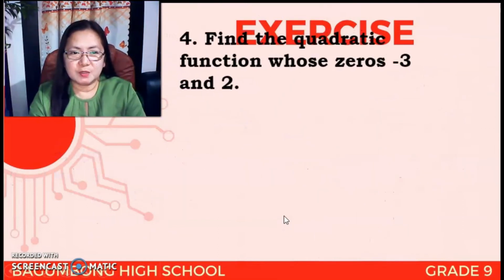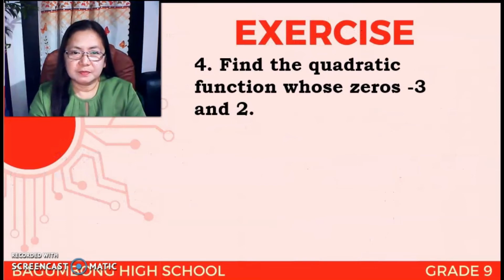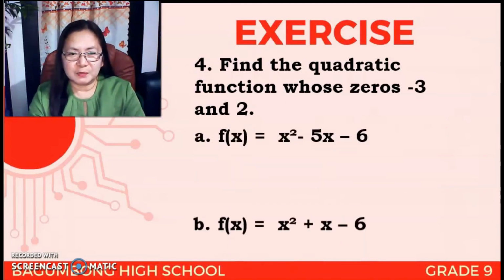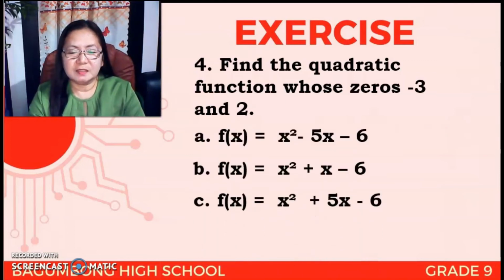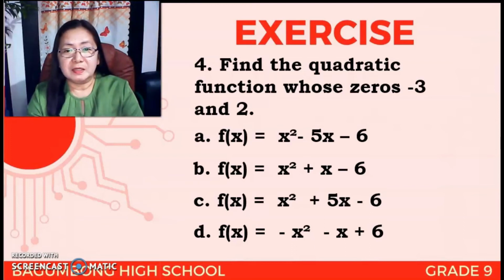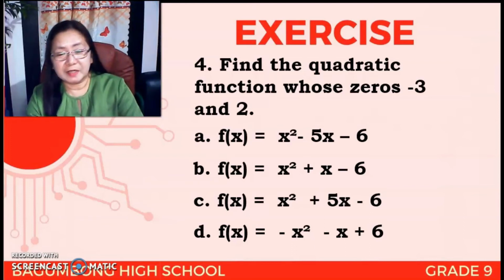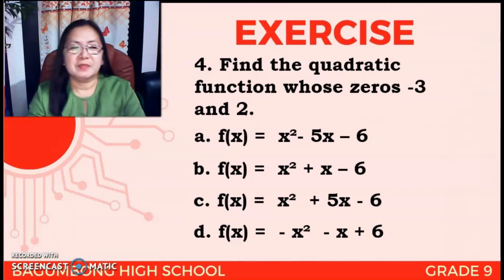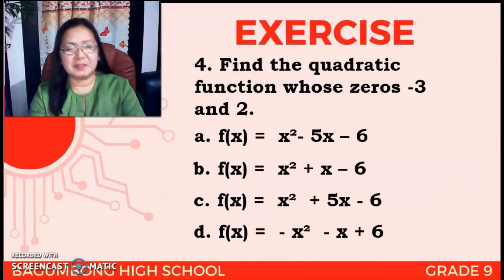Okay, let us proceed to question number 4. Find the quadratic function whose zeros are negative 3 and 2. Is it letter A, letter B, letter C, or letter D? So you can use the formula negative B over A for the sum of the roots and C over A for the product of the roots.